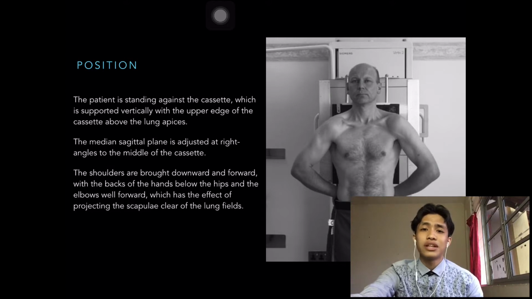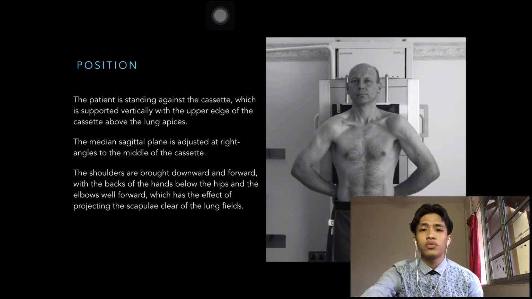Our projection is AP erect, so the patient must be standing, because erect means standing. The patient is standing against the cassette, which is supported vertically with the upper edge of the cassette above the lung apices. The median sagittal plane is adjusted at right angles to the middle of the cassette.